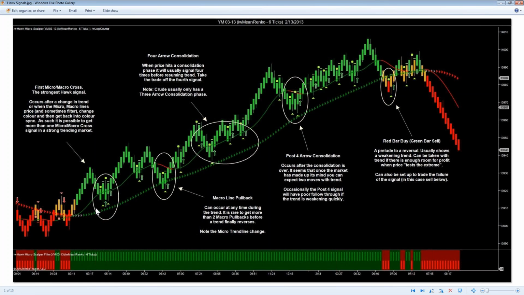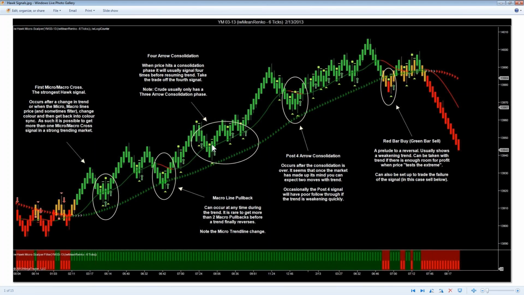The first micro macro cross, which is essentially the first signal where everything is in sync. The macro pullback, where everything stays in sync except the micro line. The 4-arrow consolidation simply means that you get 4 signals printing without any follow through. Well, the market will tend to follow through off that 4th signal.